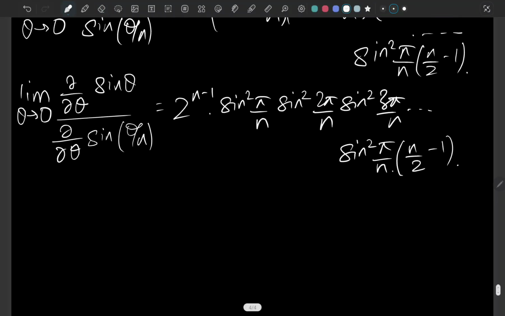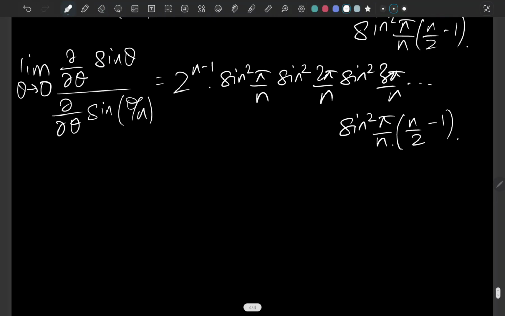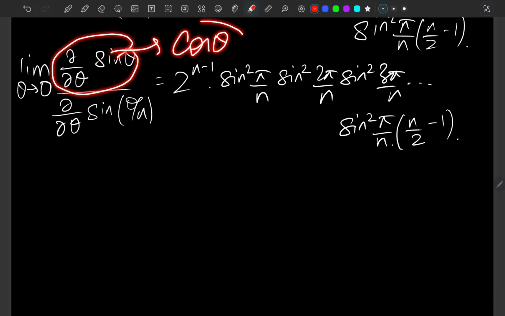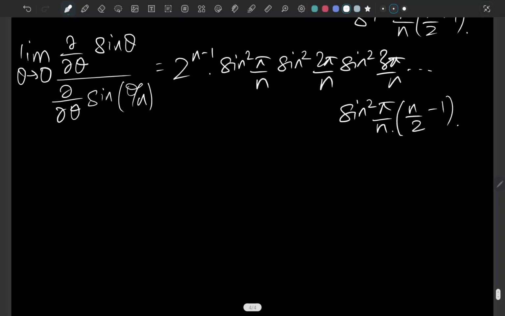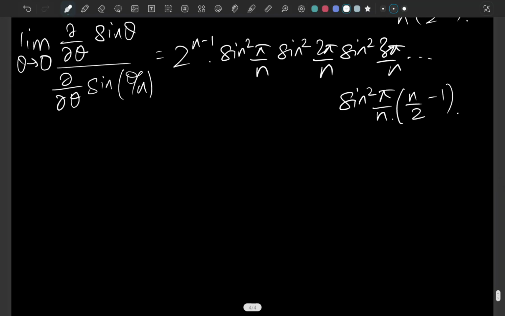So now the derivative of this one is cosine of theta, right, and the derivative of this one with respect to theta is 1 over n times cosine of theta over n. Now we can just put theta equals 0, so that's going to give us 1 over n.